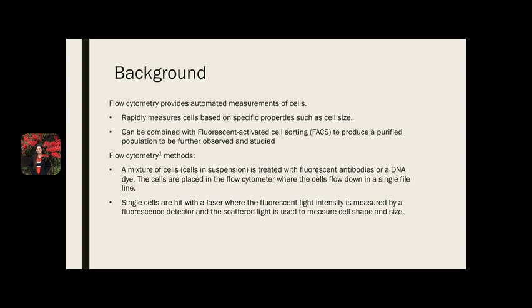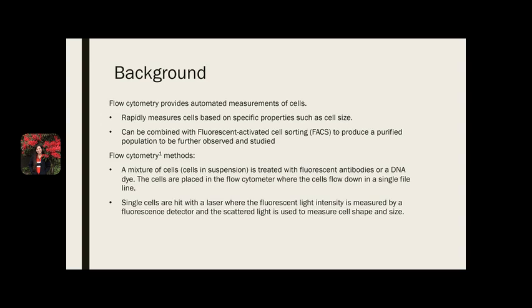Flow cytometry has a list of methods, but some of the most common methods begin with a mixture of cells. This mixture of cells is called cells in suspension. They are then treated with different dyes. Some can be fluorescent antibodies or antigens, and some can also be dyed with a purple DNA dye to look at the concentration of DNA.